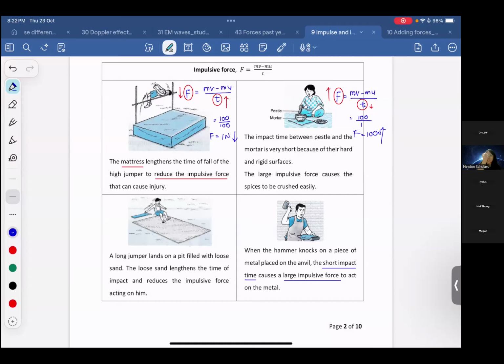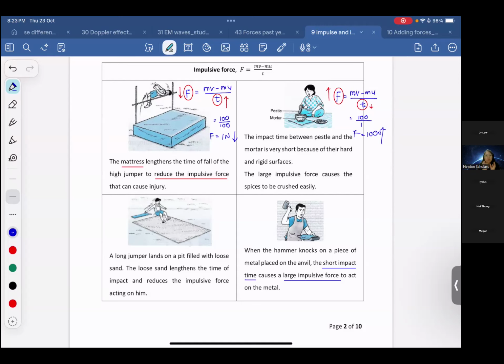For example, the egg. If you drop it from a high building, of course, if we just drop it like that, the egg will crack. So we have to think how, using foam, newspaper, or whatever things to cover it, and then only drop it. So why?